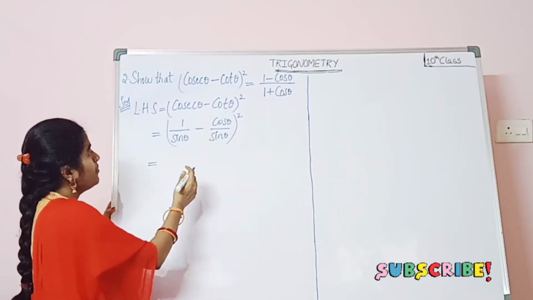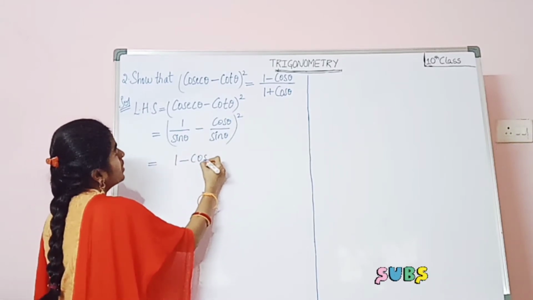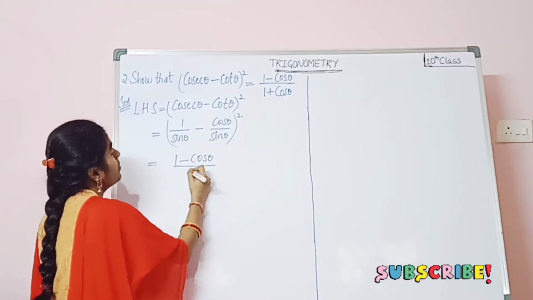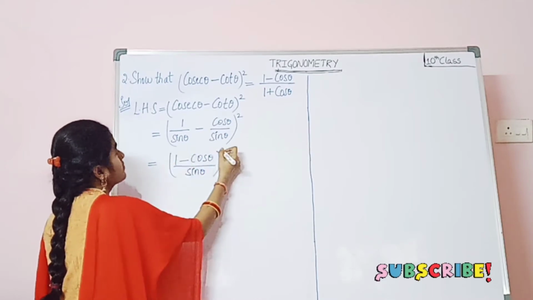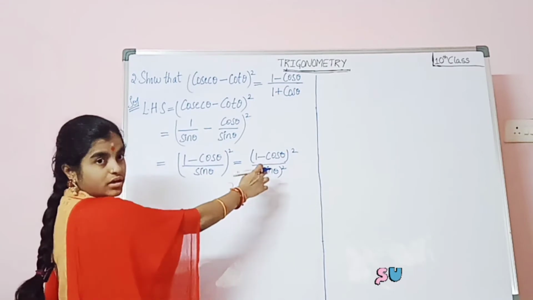That equals 1 minus cos theta. Now here sin theta is common. That equals 1 minus cos theta by sin theta whole square. That equals 1 minus cos theta whole square by sin theta whole square.